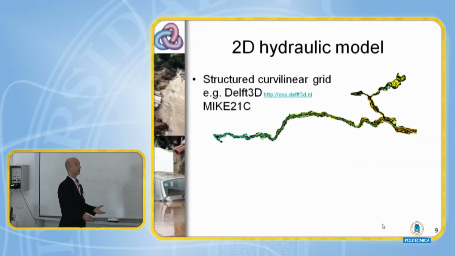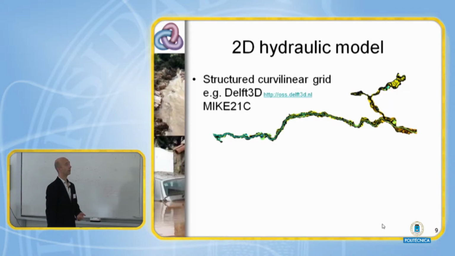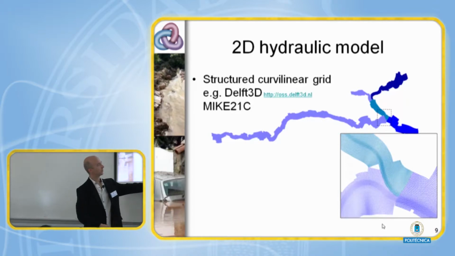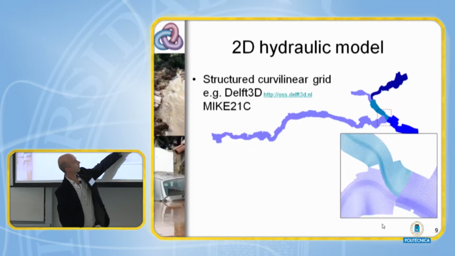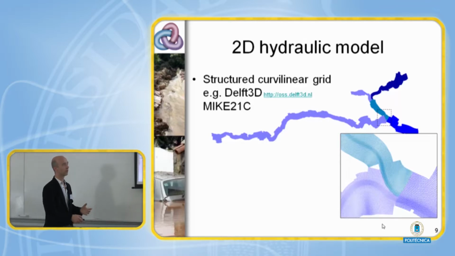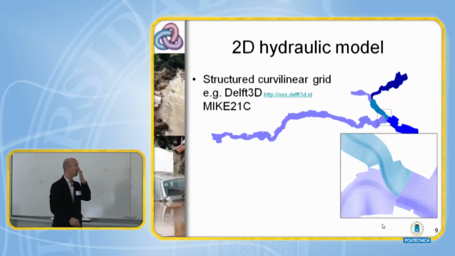So we come up with a different way of modeling. We take the same river and then we cover that with a curvilinear mesh. To zoom in, we see that with the grid you follow the main channel with a high resolution, and some coarser resolution in the floodplains. You can use multi-block technology to link different branches together.